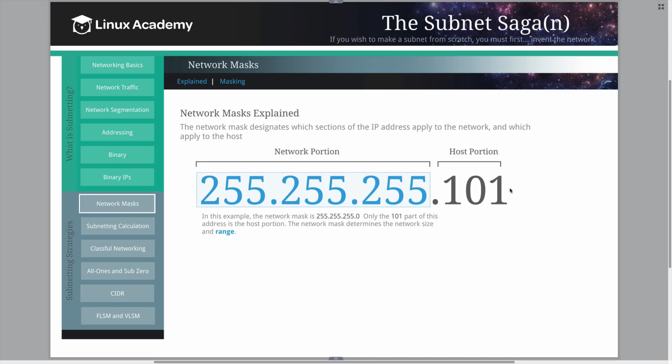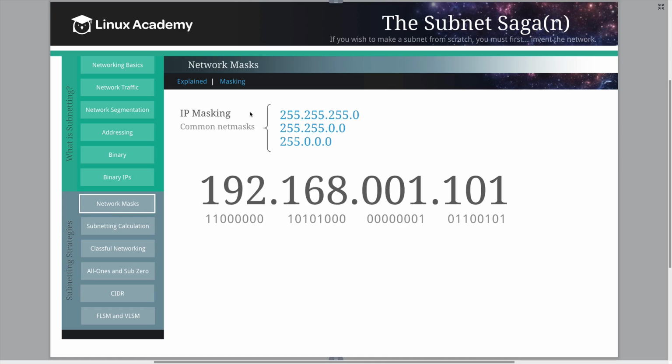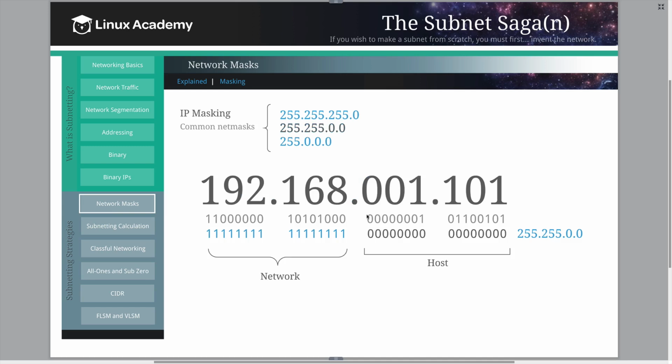And the size of the host portion is going to determine how many hosts or devices you can have on your LAN. So the network mask defines the network size, the range of IP addresses available within the network. Once again, the larger the network portion, the more networks you can have. The larger the host portion, the more hosts you can have.